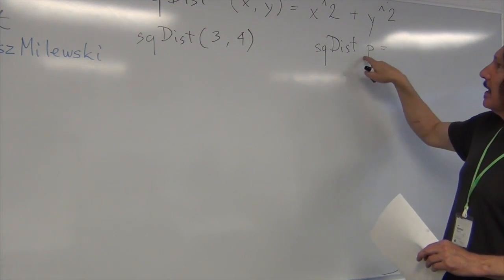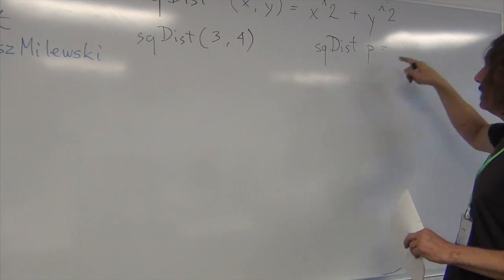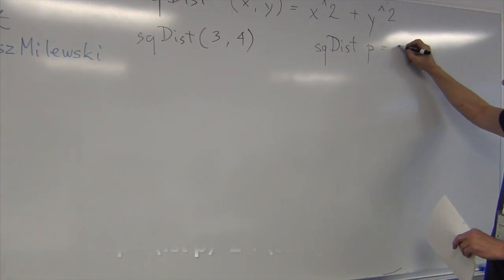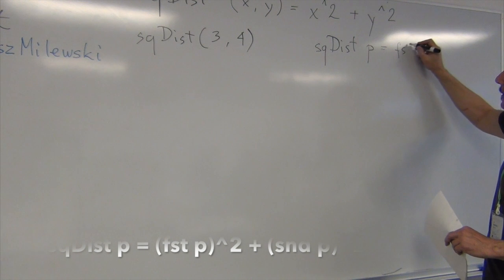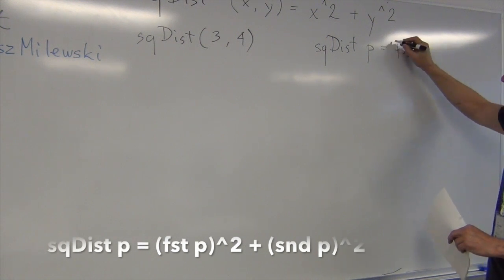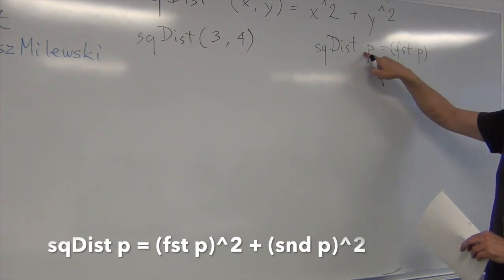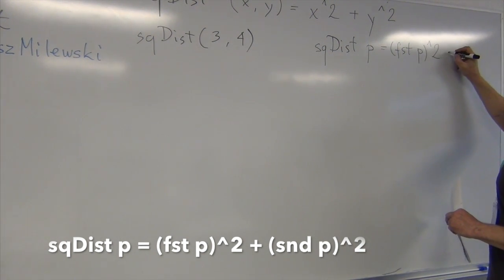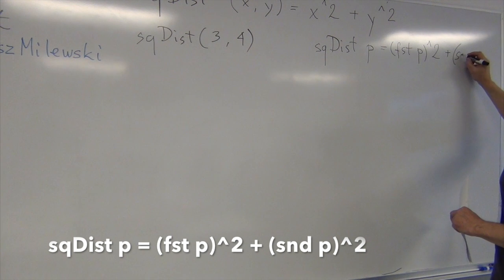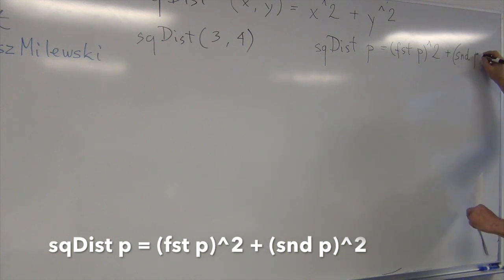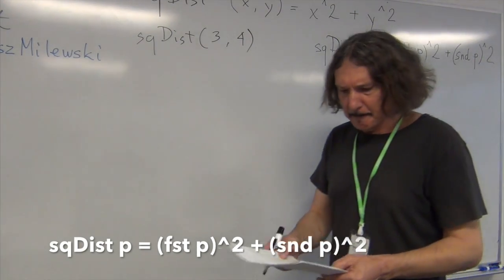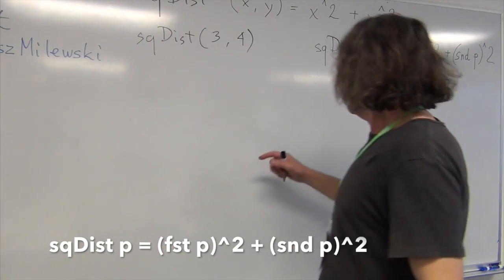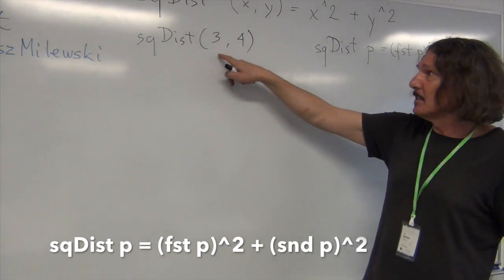But then I would have to extract x and y from this pair, which is okay, it's possible. I can say first P, that's the first component of P, which will be x, plus second P. Okay? So, what's the difference between these two?